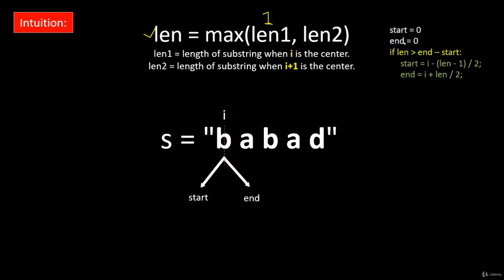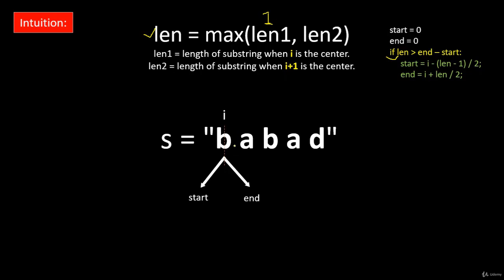With start and end we can return the longest palindromic substring. Initially start and end equal 0, so initially our longest palindromic substring is the first character. And here we have this if condition, which will find the right start and end for a palindromic substring.